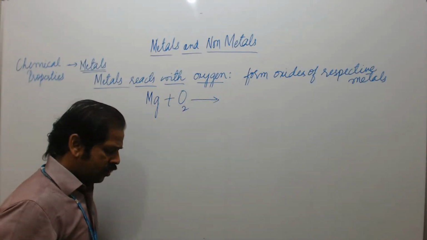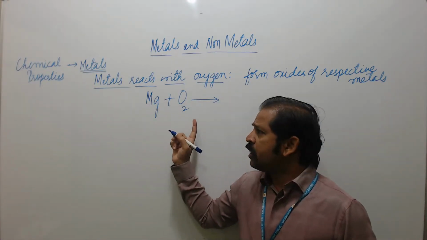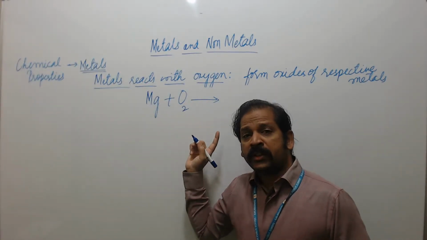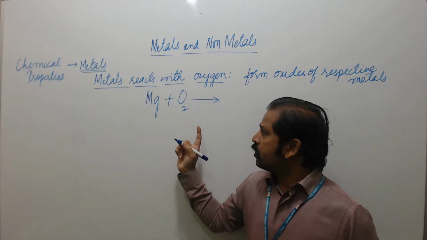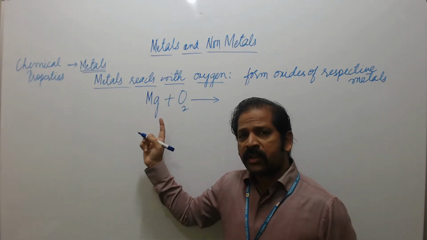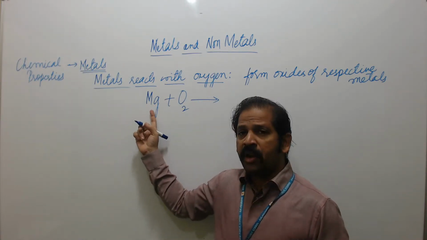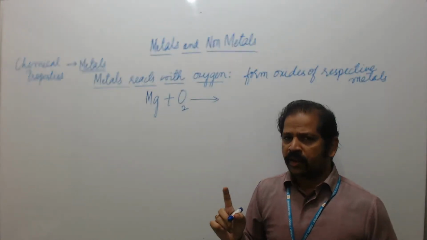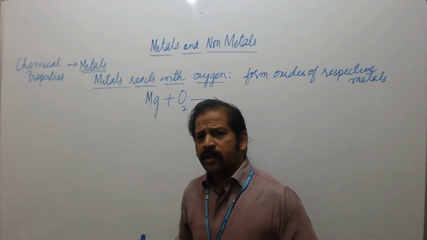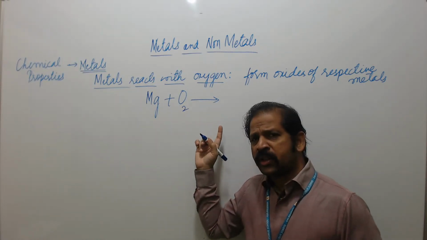I think so. If you remember, it was the first reaction that I showed on the board, in the first chapter, chemical reactions and equations. The first reaction was a combination reaction: magnesium reacts with oxygen to form magnesium oxide.